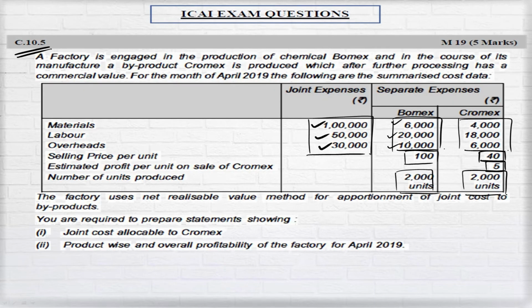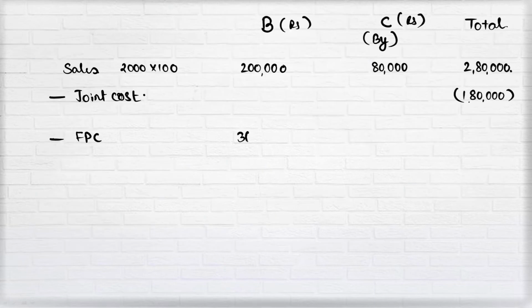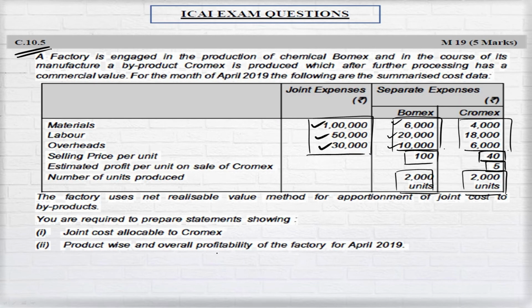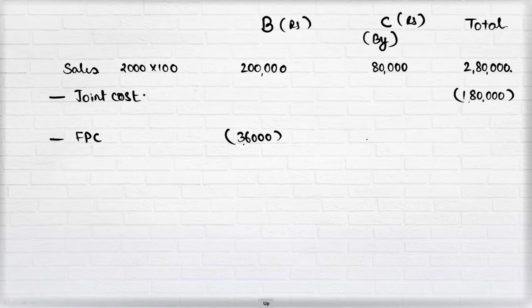Of Bomex, it is 36,000. Of Chromex, it is 28,000. What is total? 64,000. Joint cost is taken into consideration.